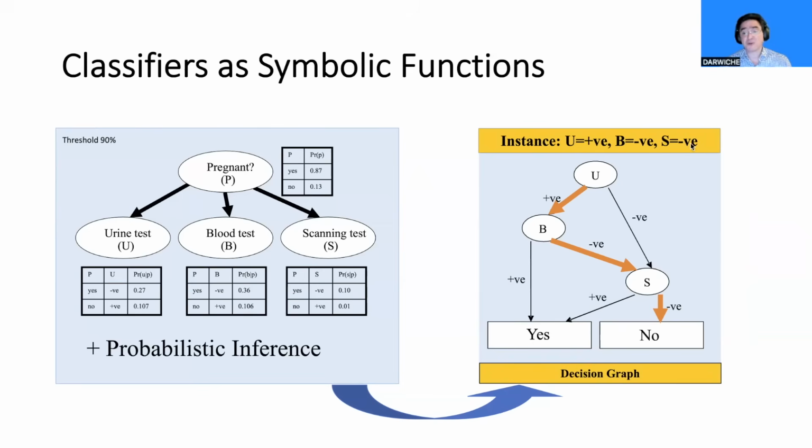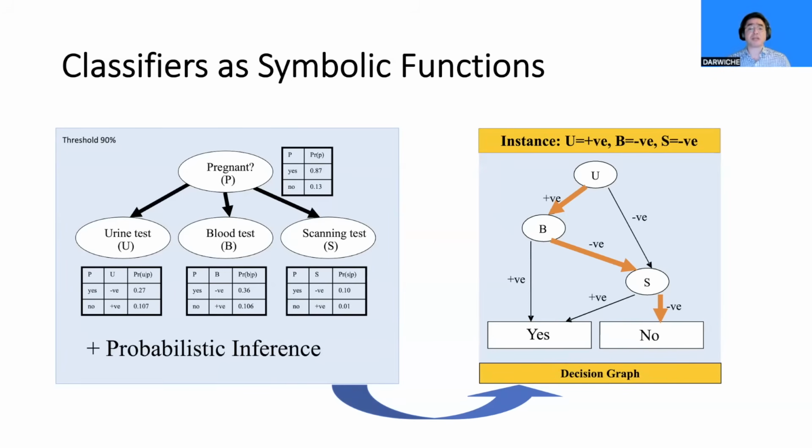So if you have this particular instance, you can just follow the paths in the traditional way, and the classification here is that this instance is negative, or this patient is not pregnant. Now, in fact, in this case, we have only 8 instances, and both boxes, the numeric and the symbolic, will make the exact same decision. And this is guaranteed because this symbolic representation was actually obtained using a compilation procedure or algorithm that we will mention later.